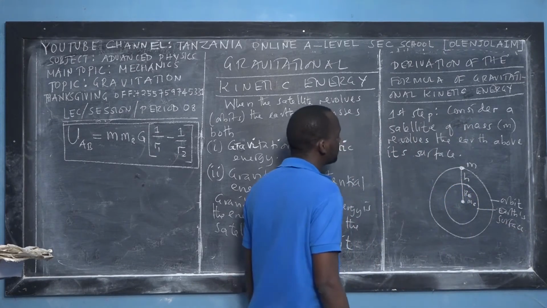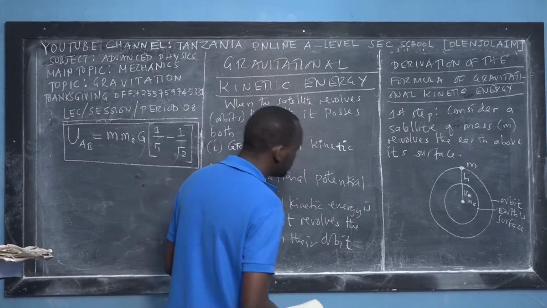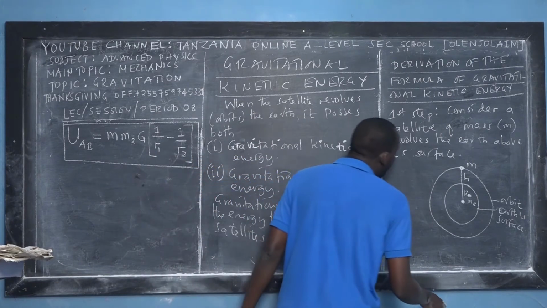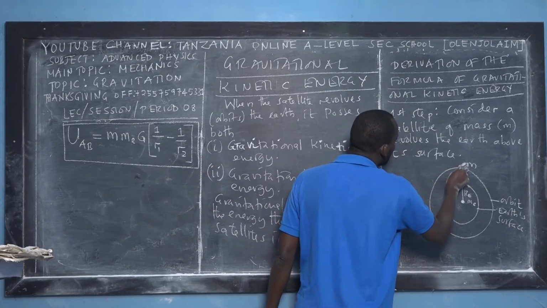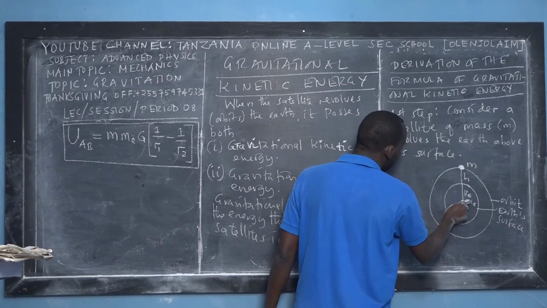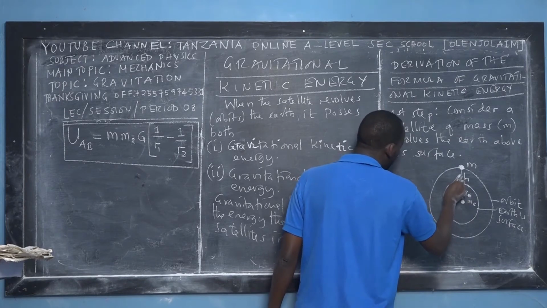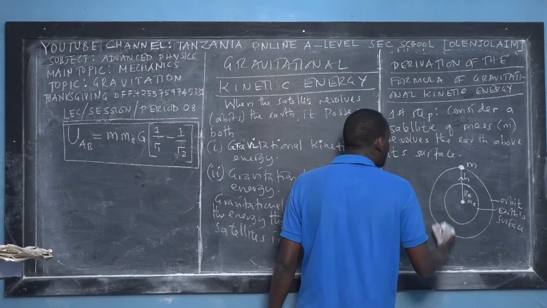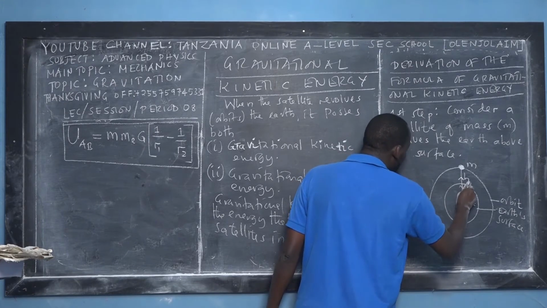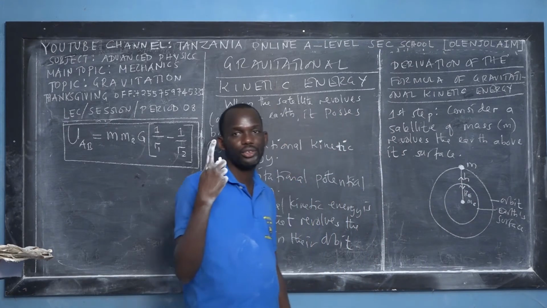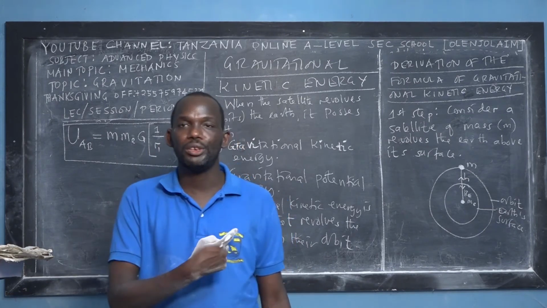We want to know two things. First of all, the force of attraction between the satellite and the S. The satellite will attract the S, and also the S will attract the satellite. That's the first type of force experienced.